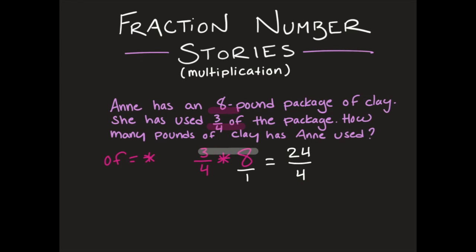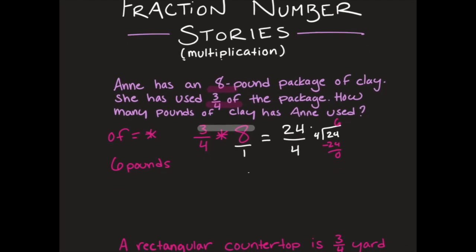From top to bottom, 24 divided by 4. If you need to put that into a division problem over here to get your answer, that's going to equal 6. 6 times 4 is 24. I have nothing left over. So how many pounds? She used 6 pounds. And again, because it's a number story, make sure that we are putting that label on the end.